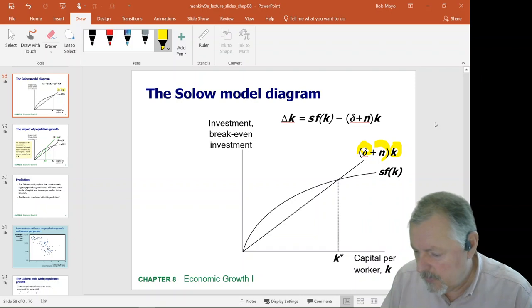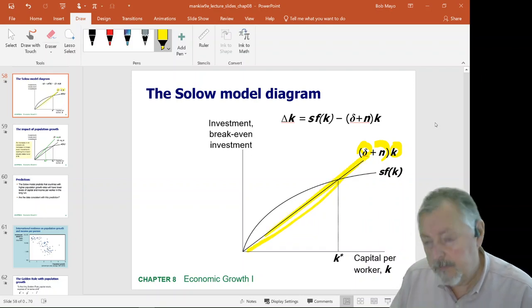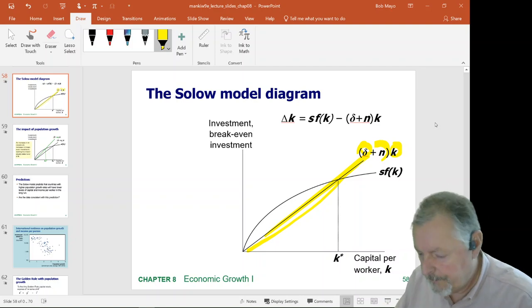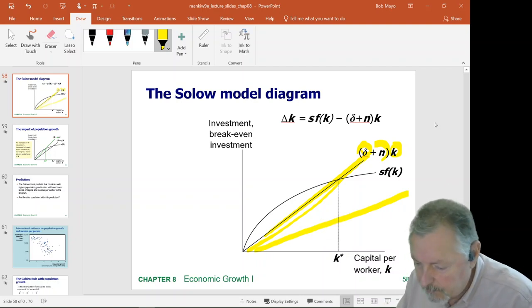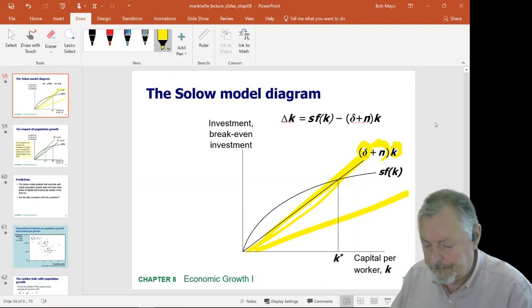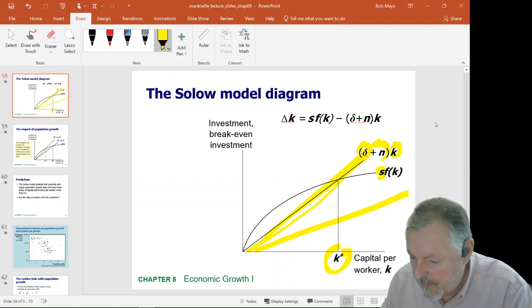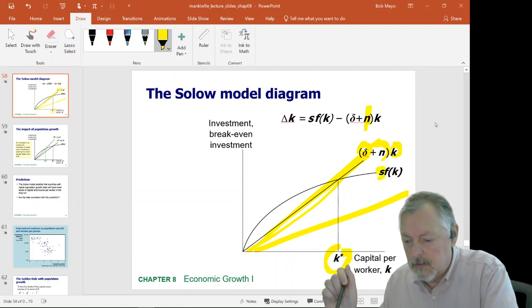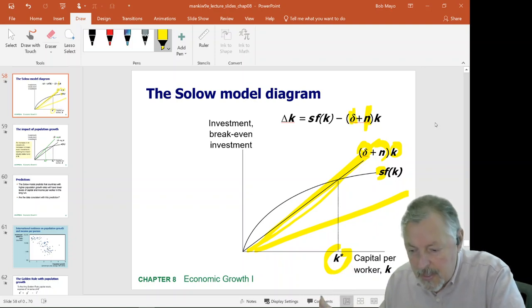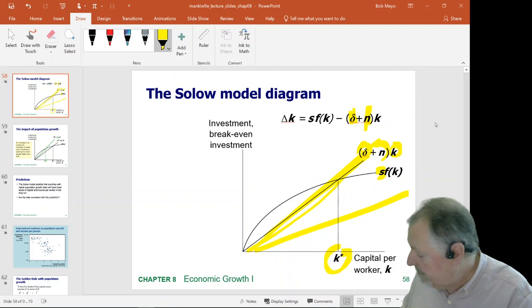What this does is it shifts this line's angle from that, for example, up to that. And this is now the steady state level of capital at that savings rate with this rate of population growth and that depreciation rate.